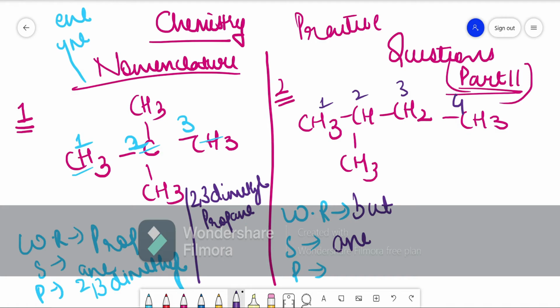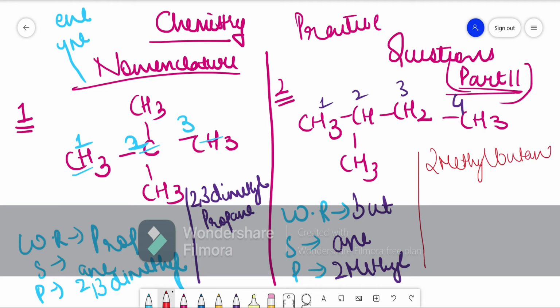The functional group is at the second place, so you write 2 methyl. So the IUPAC name for the second part is 2 methyl butane. Correct? I hope this is clear to you.